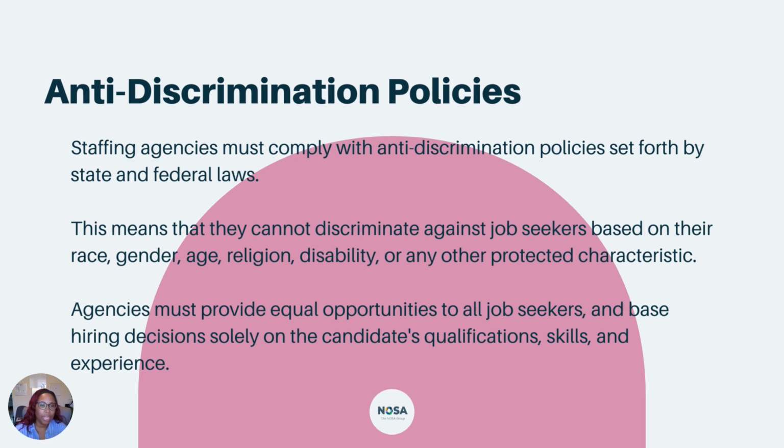Essentially, it's a policy that discusses why you cannot discriminate against job seekers, that you create a fair, consistent hiring process for applicants, and that applicants aren't discriminated against based on their race, gender, age, religion, disability, and any other protected characteristics.